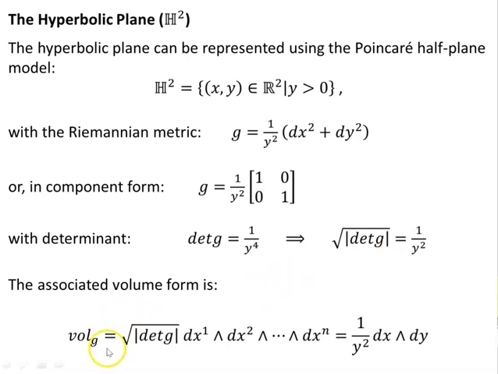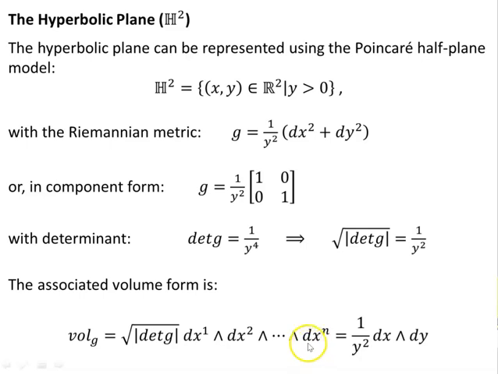So the associated volume form on H2, or a local coordinate system within it, because I'm not covering the whole manifold but part of it, is the square root of the absolute value of the determinant of g times the wedge product.